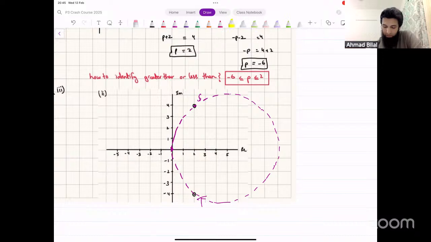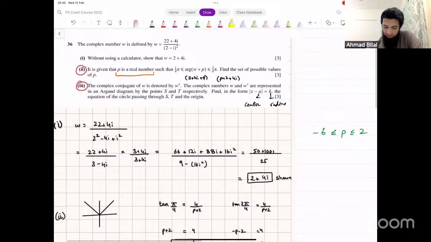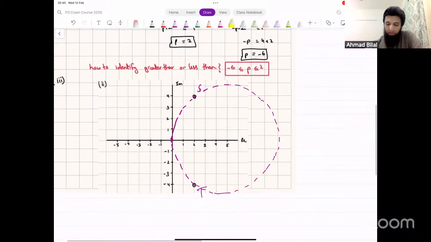It's going to be on the perpendicular bisector of that. But where exactly then? What did we do in the first part? These are real numbers. Second part, W plus P, that does not look like it's related.